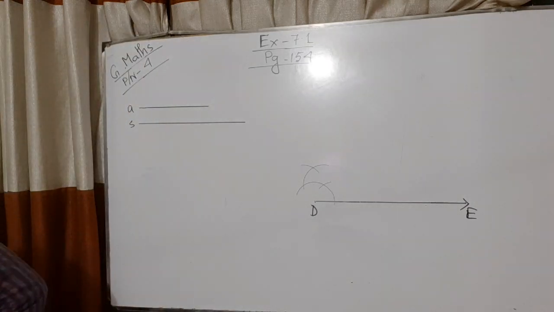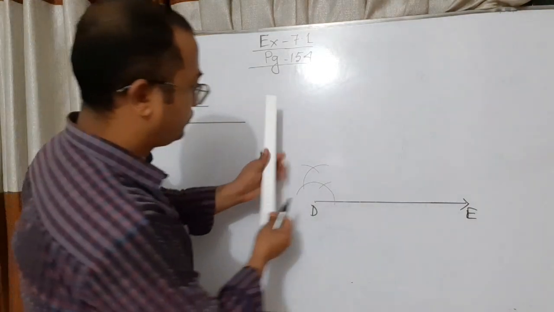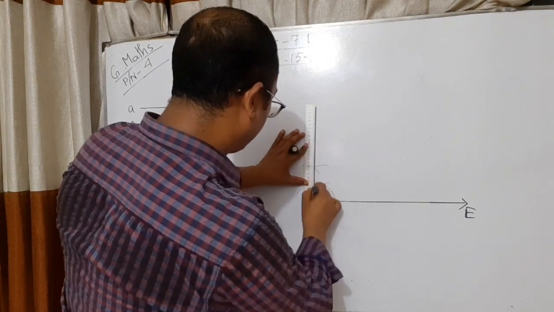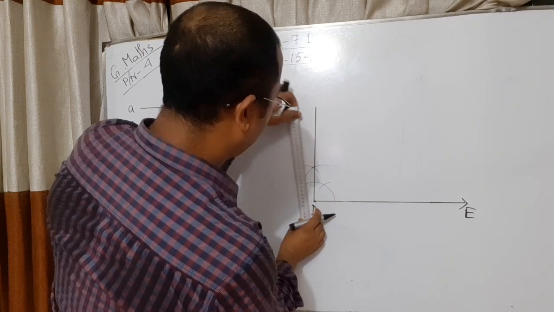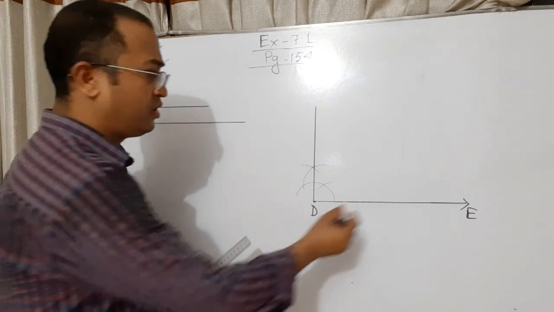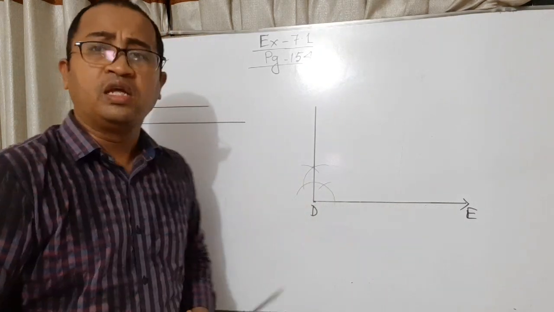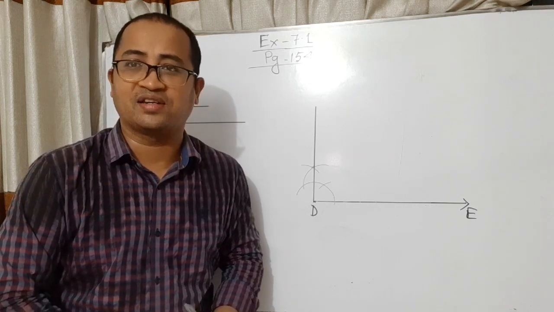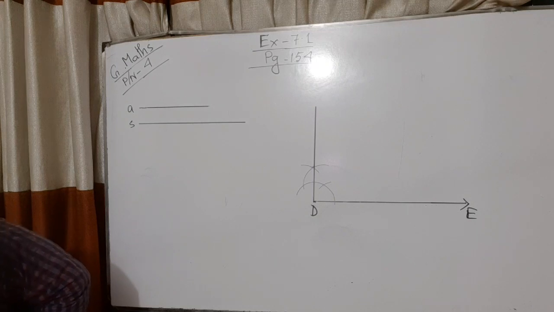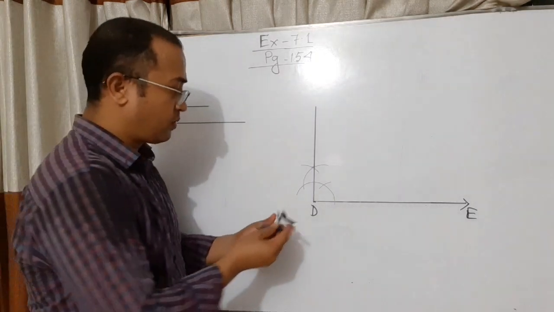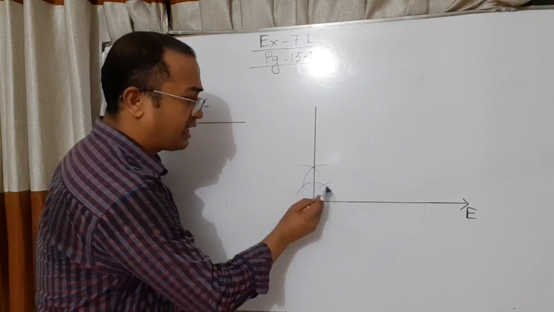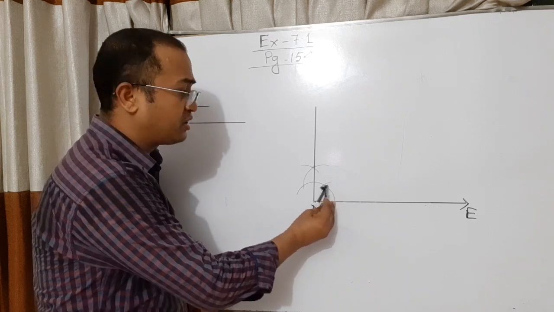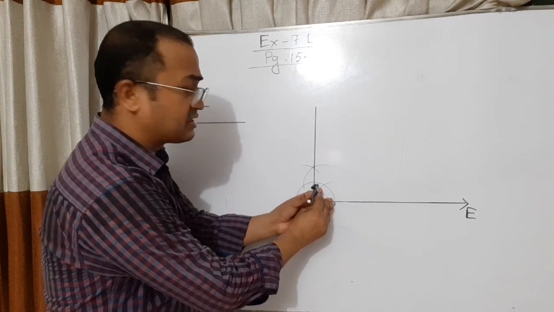So join these two points. This is a right angle. Now if we bisect it, we will get 45 degrees. I think you know how to bisect it. Look, take any radius, and centering with this point, draw an arc with a radius more than half of this distance.